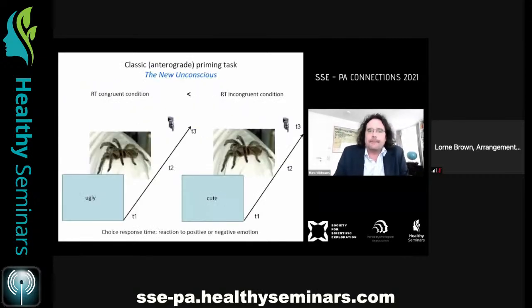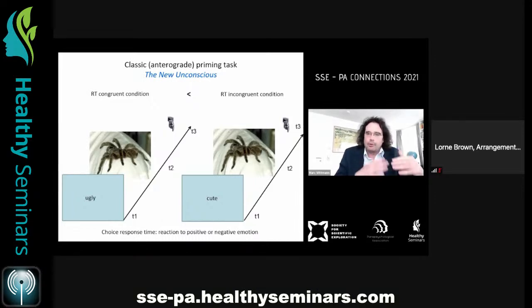So first of all, what is the classic anterograde priming task? So no psi yet. What you have to do in a choice reaction time task is you see either positive or negative photos, and you have to react to them by pressing two buttons. And there is a prime before that, a word that is again either positive or negative.